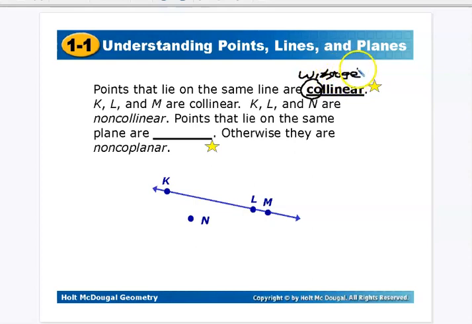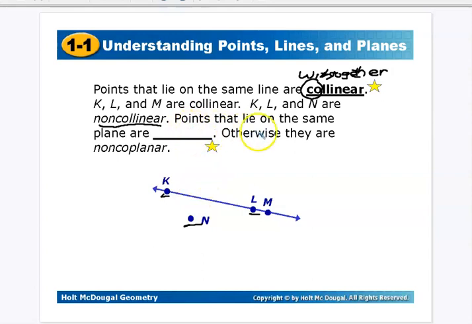Don't pay attention to my beautiful handwriting here. I'm doing my best here. So together, with or together on the same line, collinear. Now letters K, L, and N, those locations, are non-collinear. They are not on the same line, non-collinear.